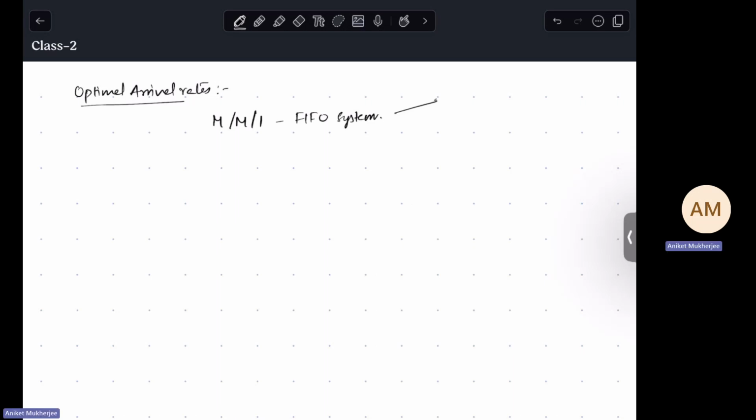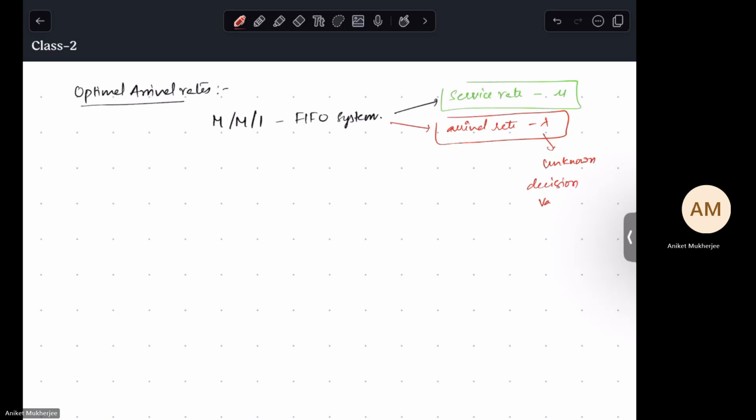But now the service rate mu is fixed, and the arrival rate lambda is unknown. This is your unknown or decision variable, and the service rate is your known variable.